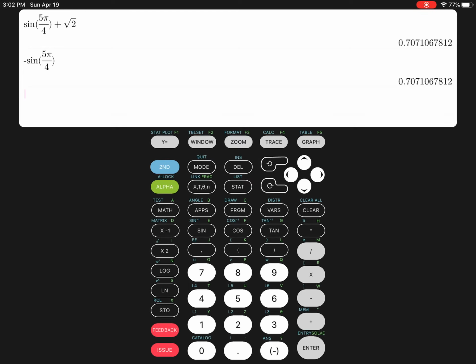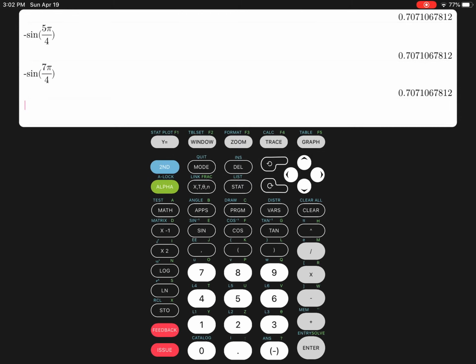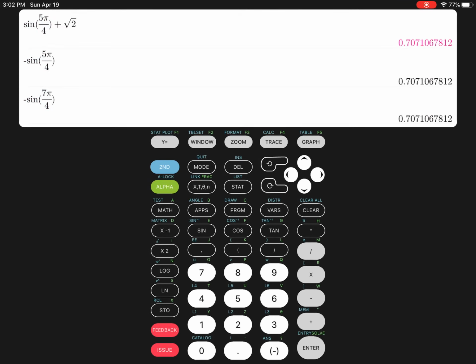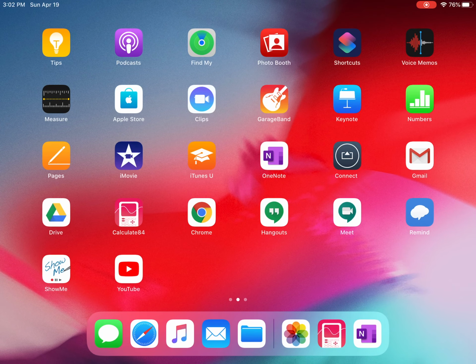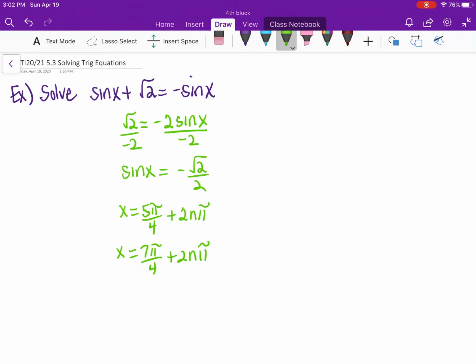Then you could do the same thing with your other answer, 7 pi over 4. I'm just going to go up and copy that, change my 5 to a 7. And then go up and copy this one and change that 5 to a 7. And same thing on both sides. So that's how you'll check your answer. That's one thing that's nice about these equations, being able to check your answer.